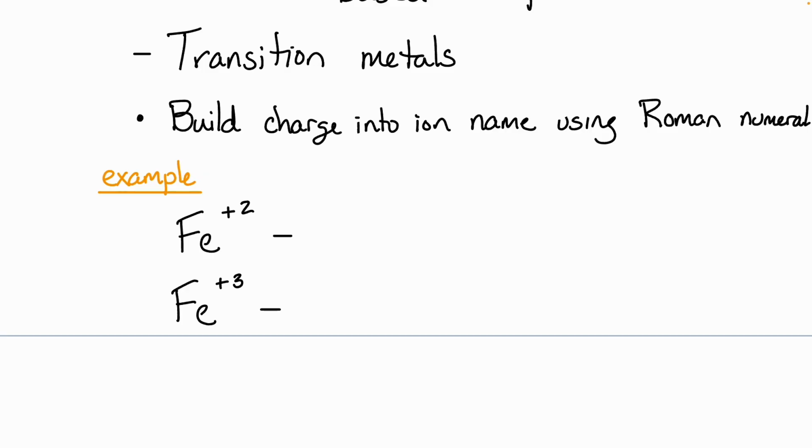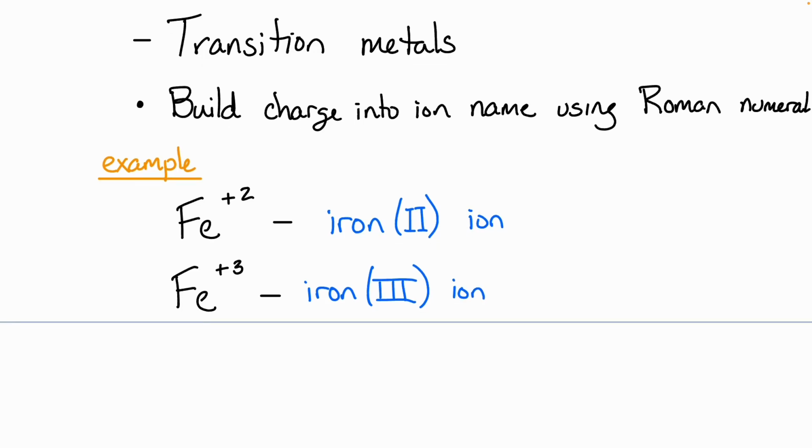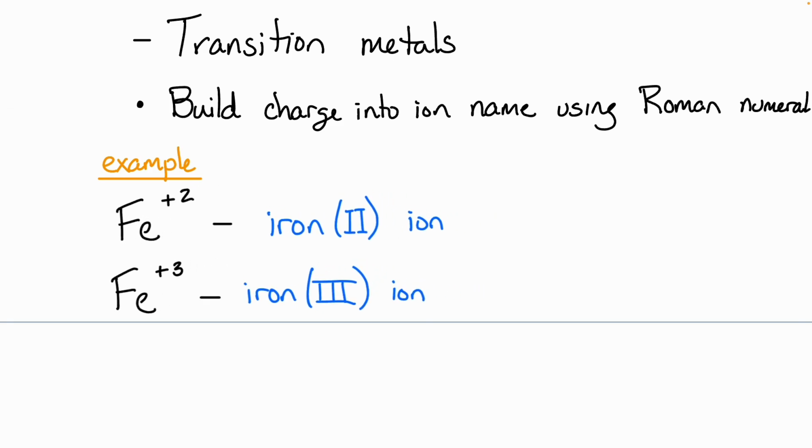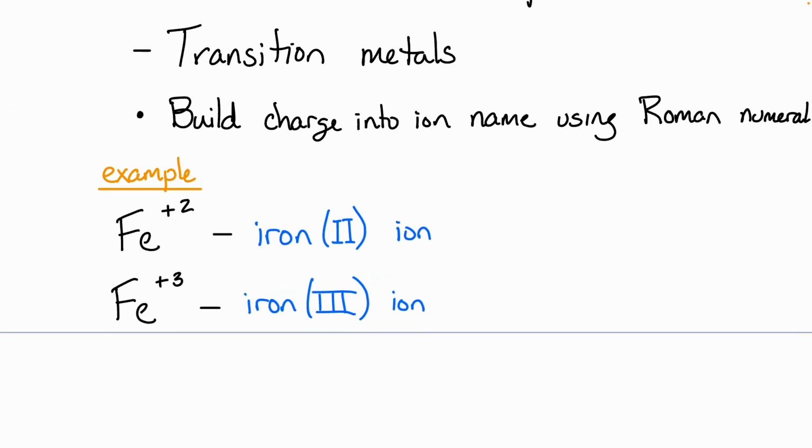All right, that means iron with a +2 charge is an iron 2 ion, whereas iron with a +3 charge, this would be, I believe in y'all, iron 3. All right, so then everybody take a second and name the following ion for me.